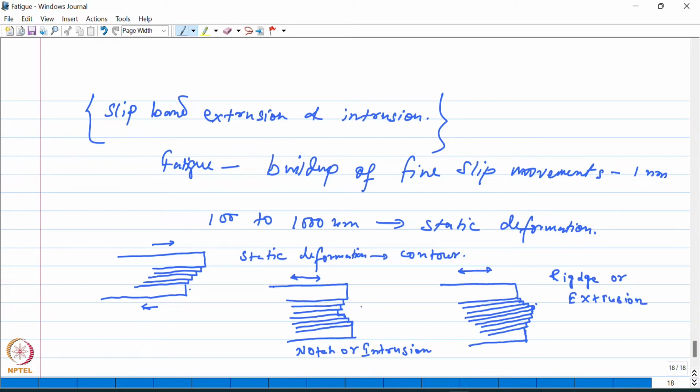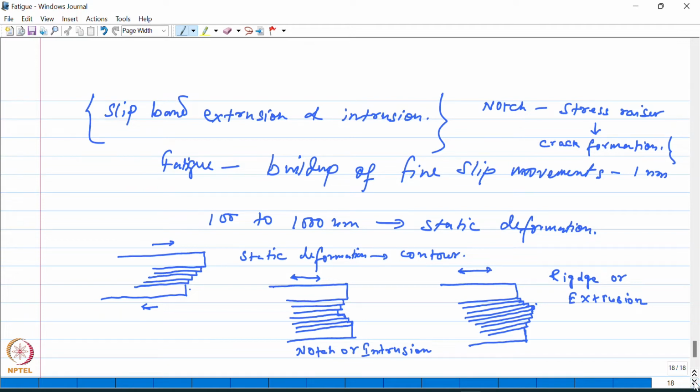So a notch like this can be a stress riser, and hence can lead to crack formation, which is true for the ridge also. Okay, so that is how the crack forms in case of fatigue deformation, in contrast to the static deformation where it is only a contour that forms on the surface of the material.